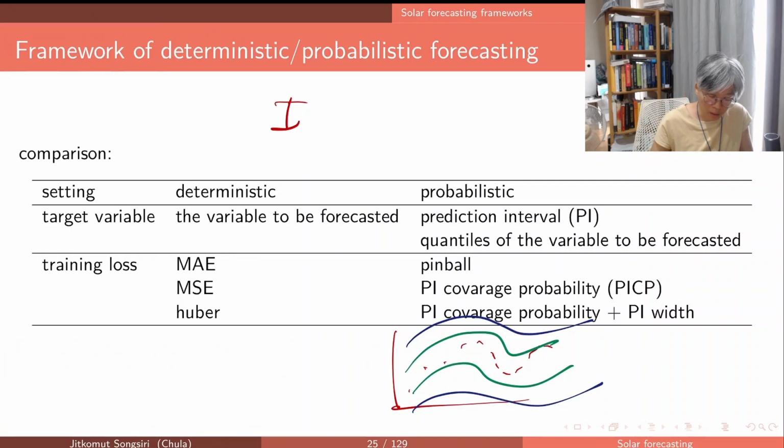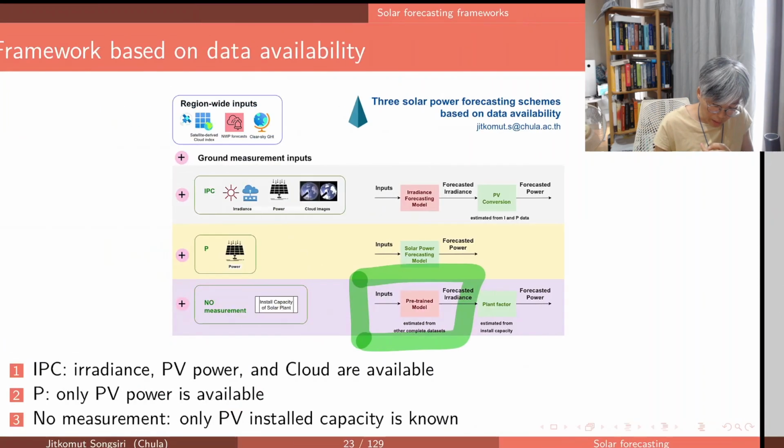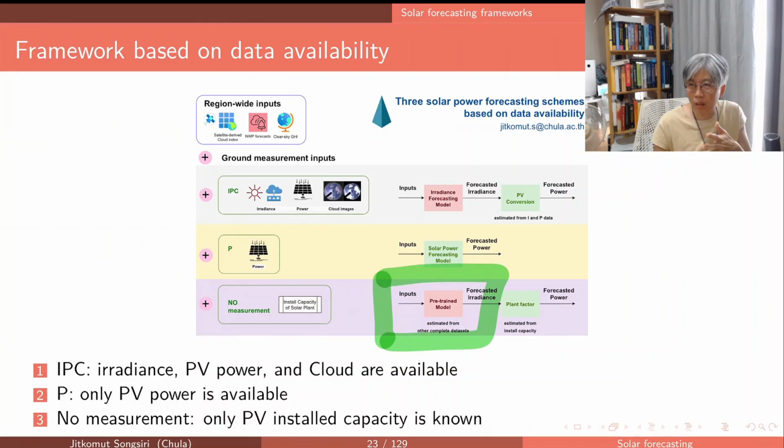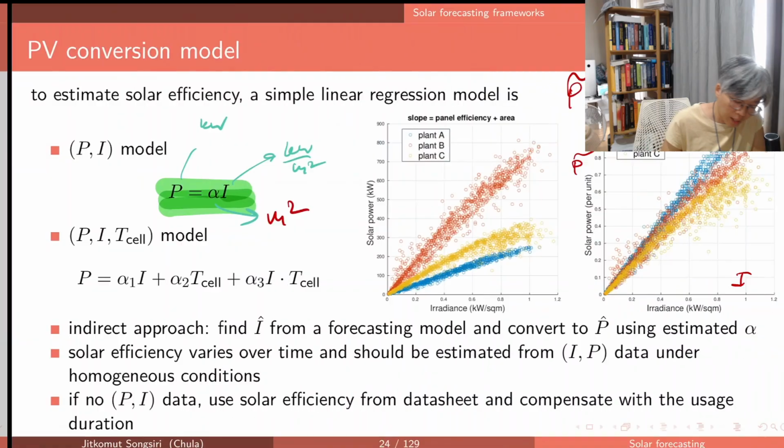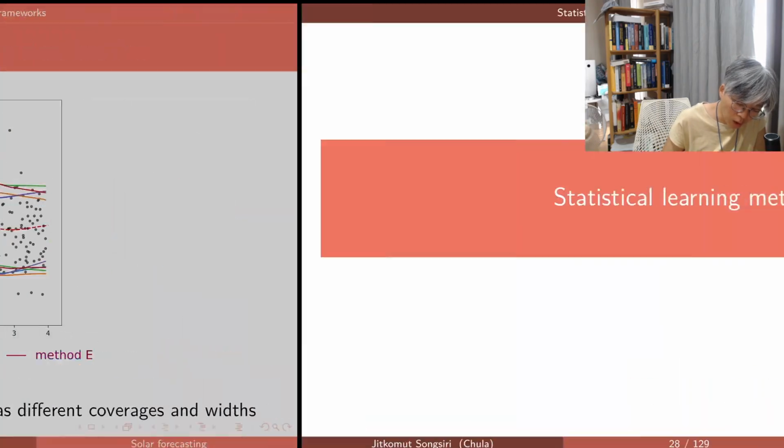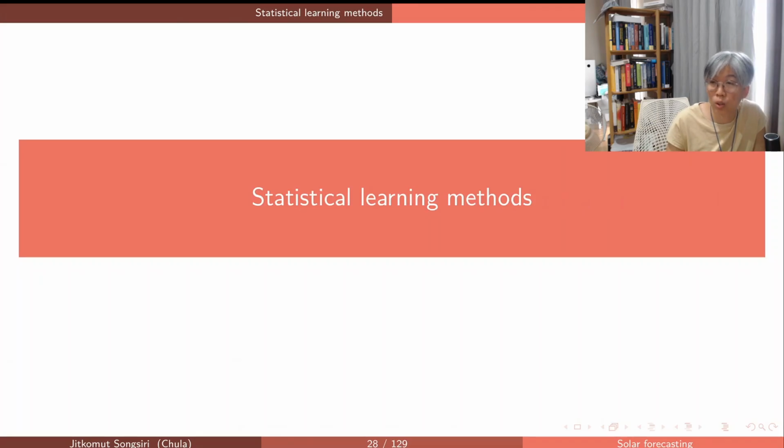Those requirements are whether it's single-step or multi-step, whether it's deterministic or probabilistic, and how much information you could have as the input. In the next video, in the next chapter, we will go deeper into the statistical learning methods for developing the model. Okay, so I think we stop now for this video.